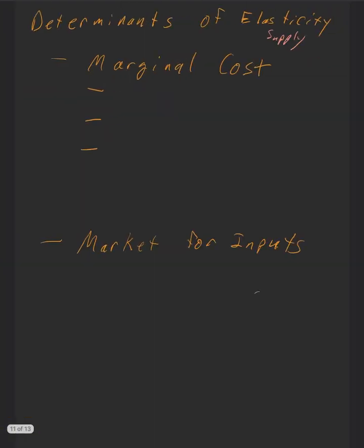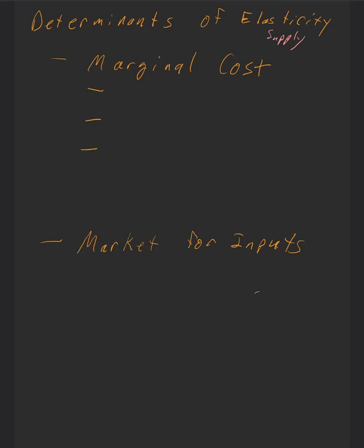Okay, so the determinants of elasticity of supply begin with what I'll call marginal cost. We haven't really introduced that idea yet in class, but the reason that I want to call this marginal cost is because I want to make the point that the principal elasticity determinant for supply is if you increase production, will it change your per unit cost?